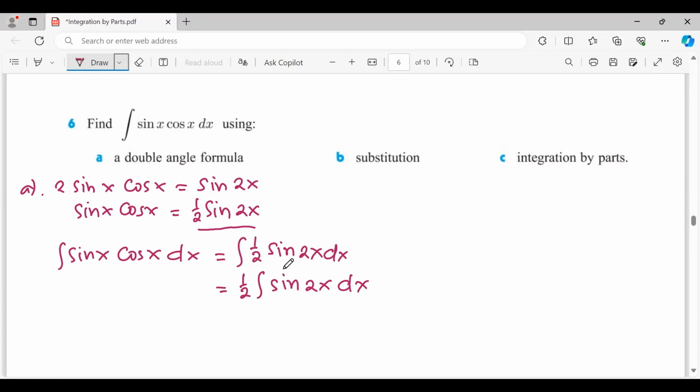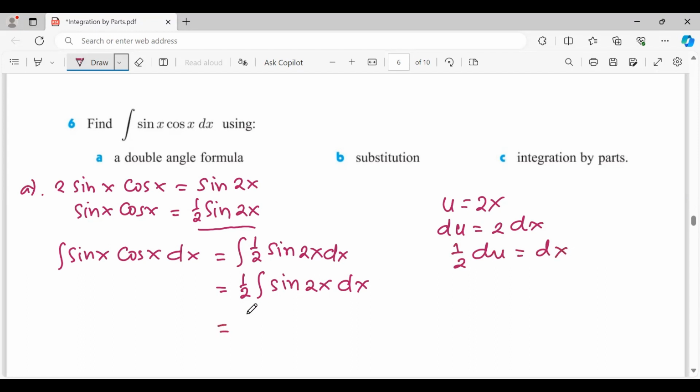Okay, by substitution, if u equals 2x, it means du equals 2 dx, or half du equals dx.